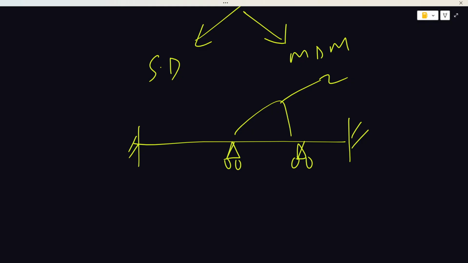But for the moment distribution method, it is so simple that you won't need simultaneous equations. We use tables this time around. We iterate, basically. So that's just the first thing I would want us to know before we get into the main stuff.